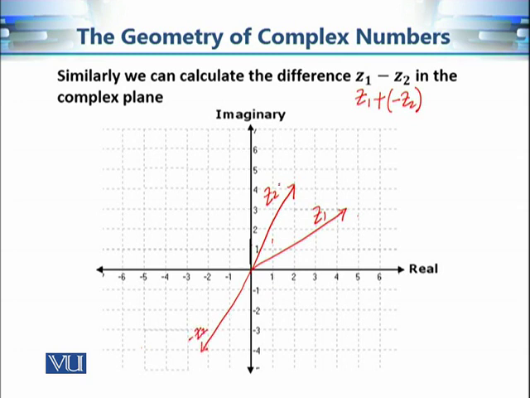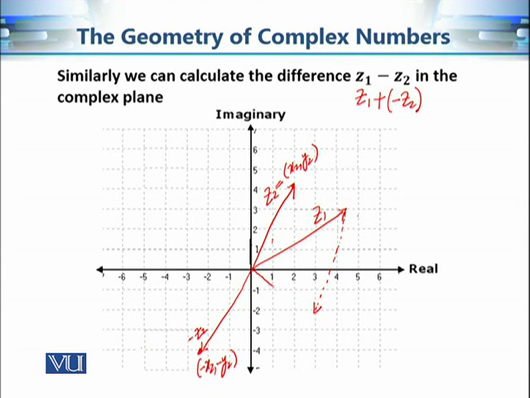Since if z2 has coordinates (x2, y2), then this point has coordinates (minus x2, minus y2). So we can translate this vector associated to minus z2 such that it is this vector.